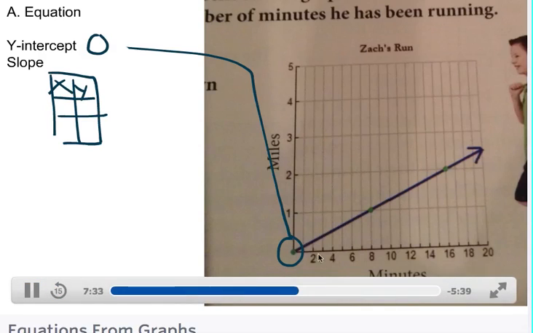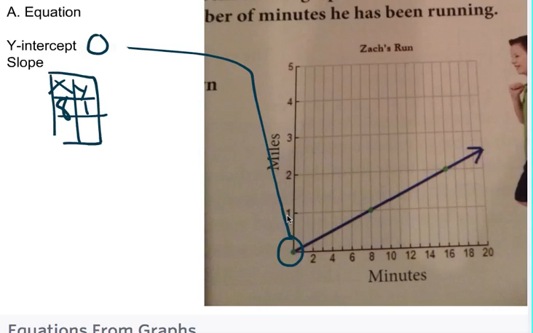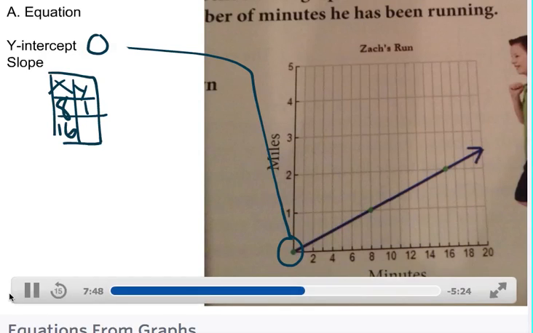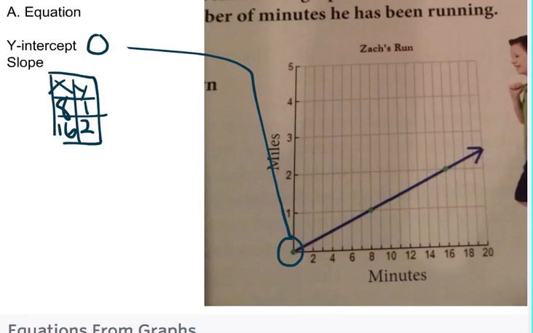So the first point I'm going to find is the counter is at 8 and the value is at 1. So I'm going to put 8, 1 right here. I think I want to stop for a second and really make sure that you understand where these came from. So I'm going to stop the video.